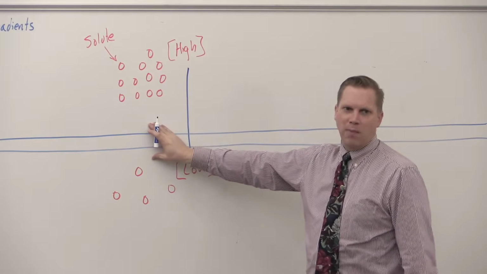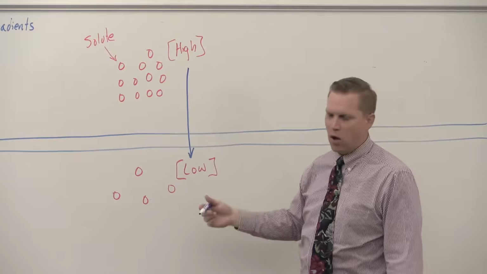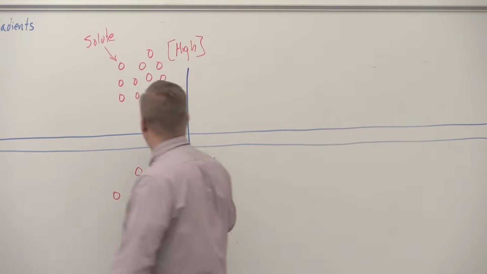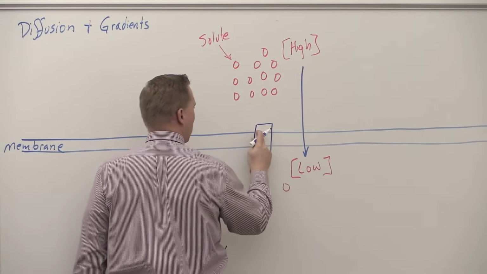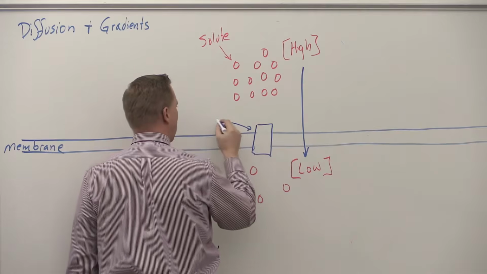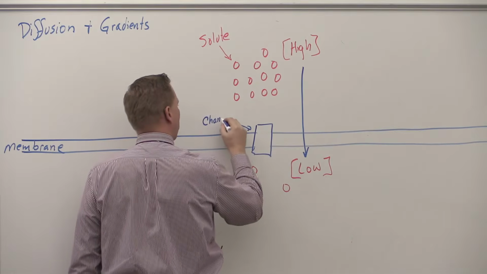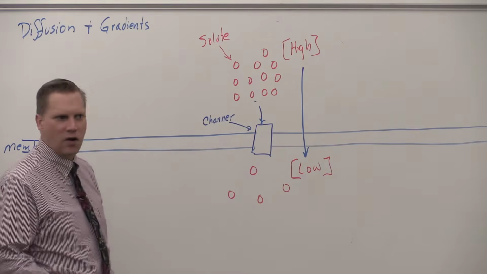The membrane as a barrier will stop them if it can, but if they're permeable to the membrane, then they'll just flow. In some cases, if they're not permeable, like an ion, then we can create some kind of channel or pore that they could go through and get across the membrane.